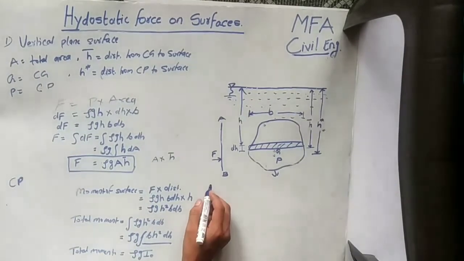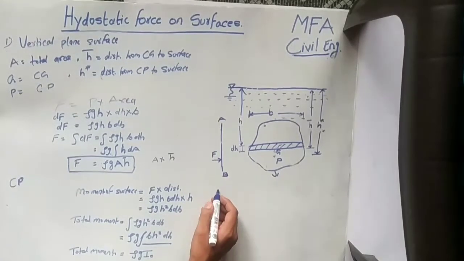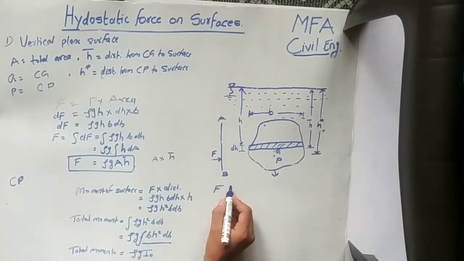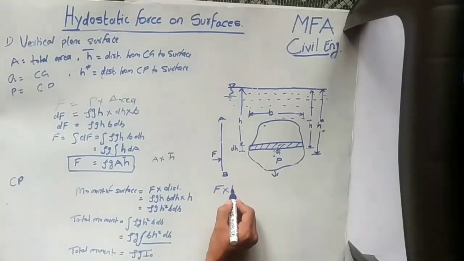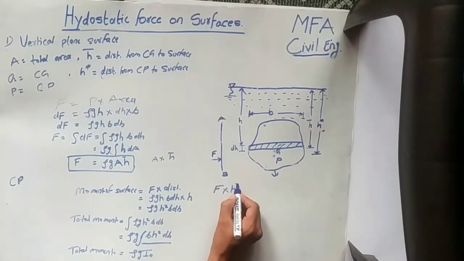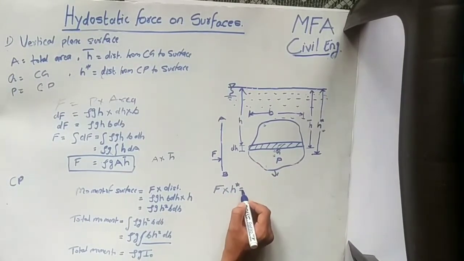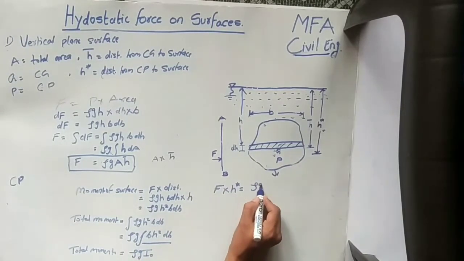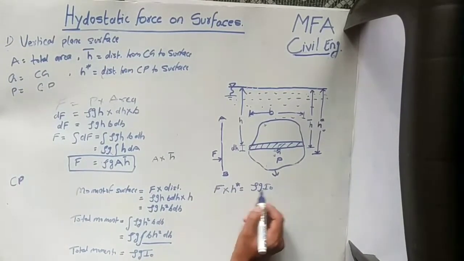Now by the principle of moments, the moment due to the resultant force, that is the total force F multiplied by the distance of its application h star, is equal to the total moment, that is rho g into I0.